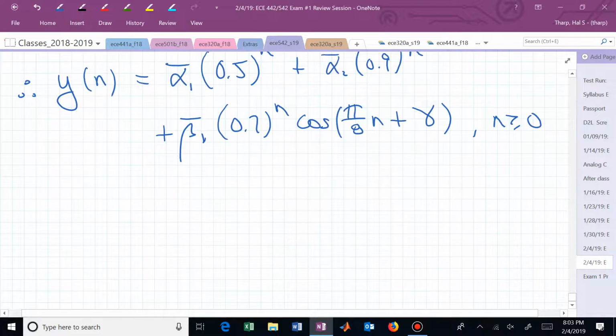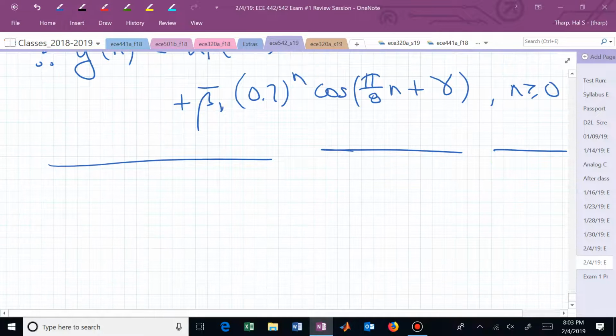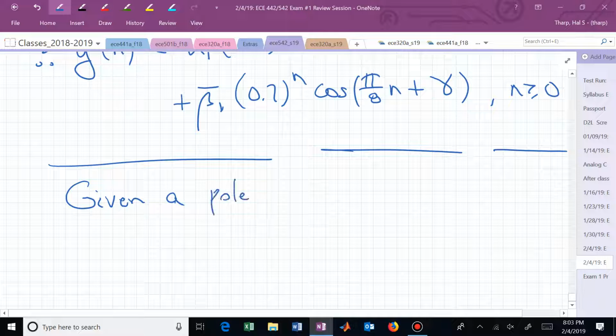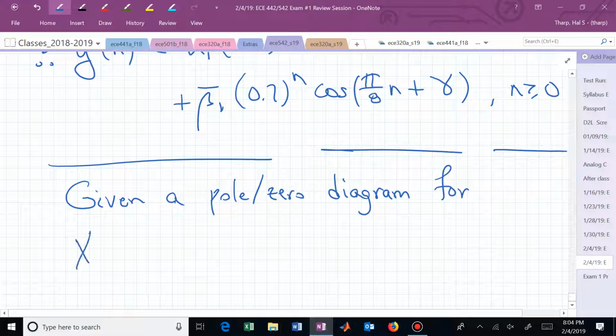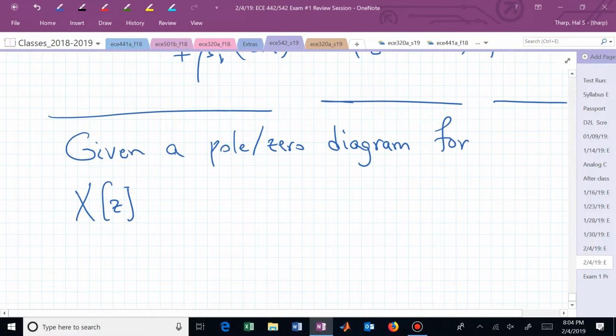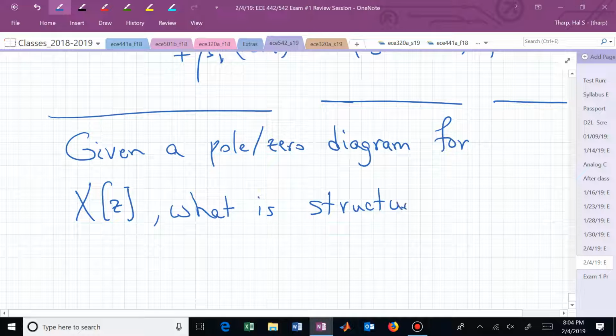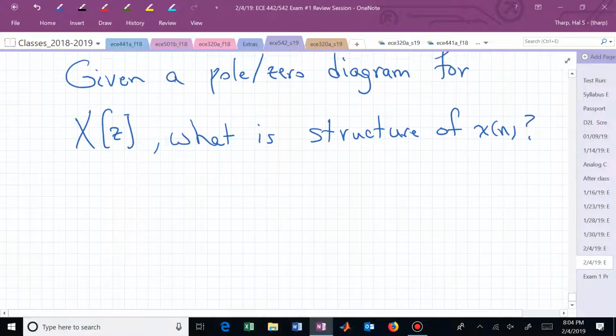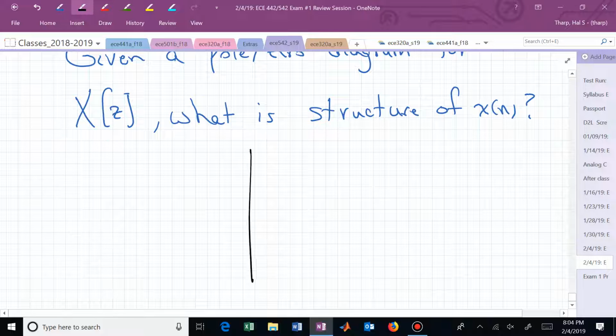I could also say, suppose I now give you a pole zero diagram for some waveform. So here's now the transform of a waveform. What is the structure of the time domain waveform little x of n?